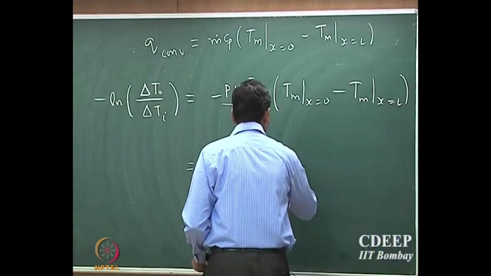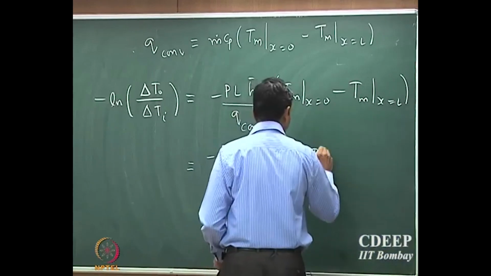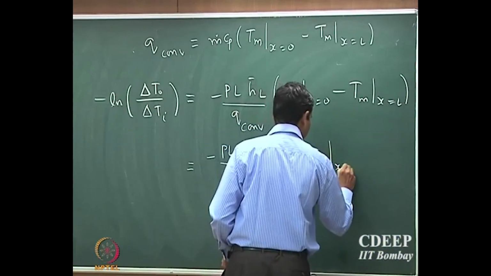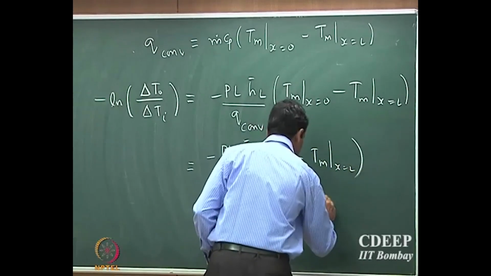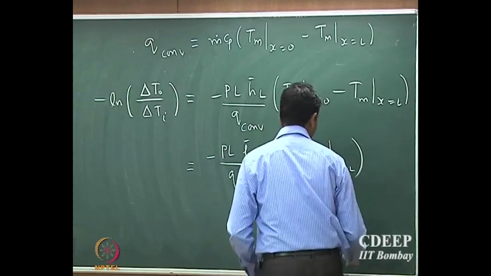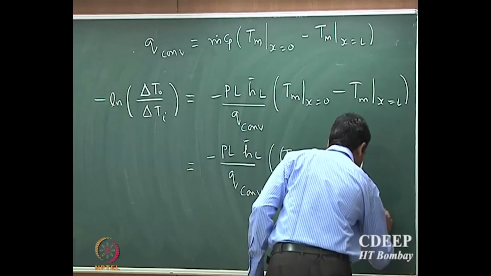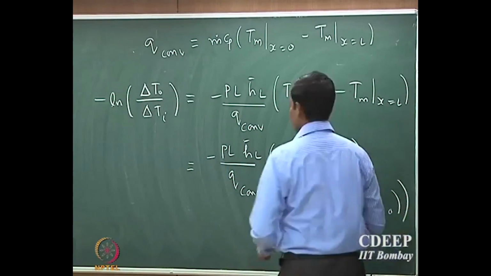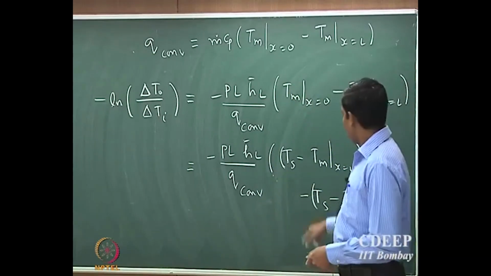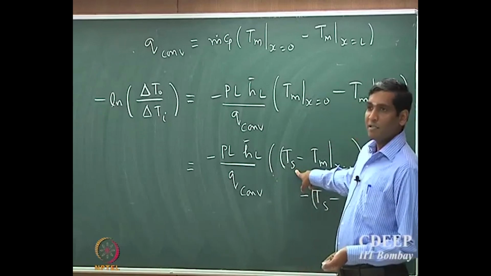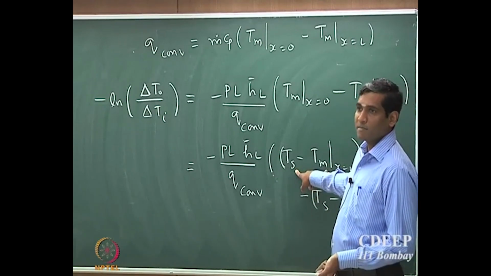So, I will get Ts minus Tm at x equal to L minus Ts minus Tm at x equal to 0. All I have done is just added and subtracted Ts, and so this is nothing but delta To, right, this is the output.